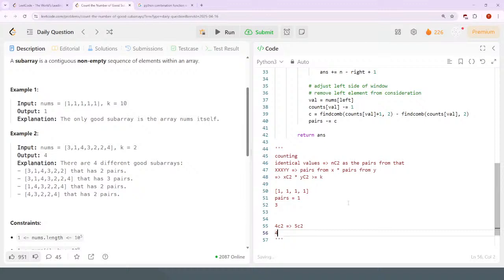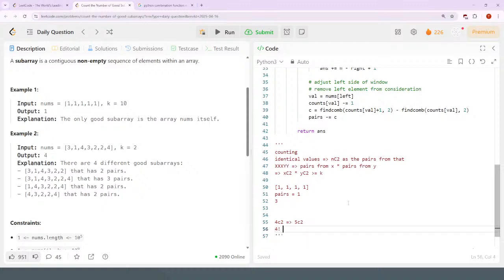That'd be 4 factorial over 2 factorial times 4 minus 2 factorial, to 5 factorial over 2 factorial times 3 factorial.